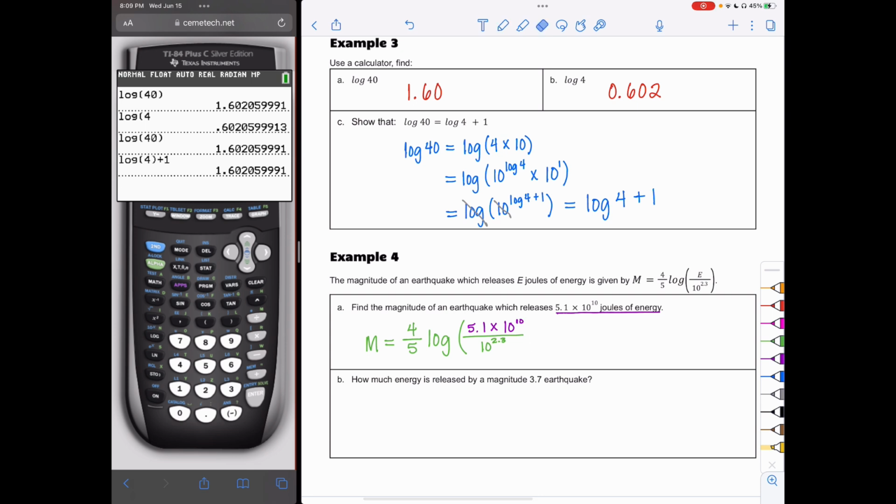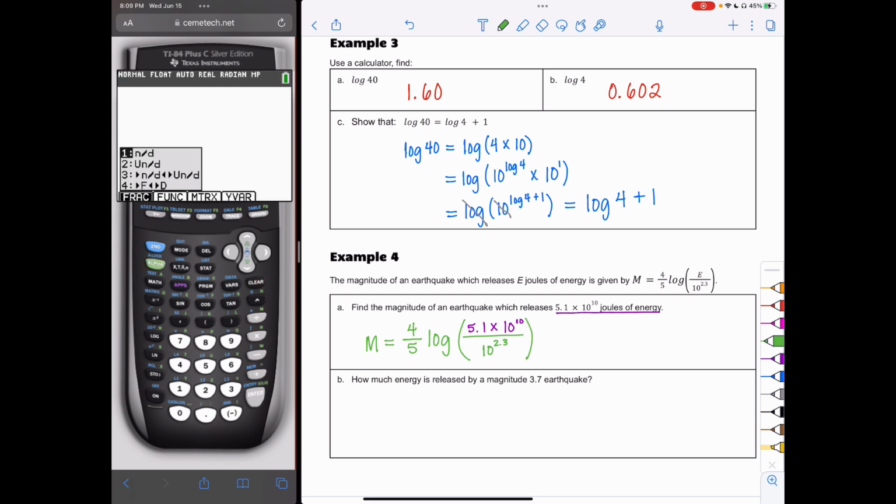So when I write this, I can literally just put it into the calculator. So I will type in my fraction, which is 4/5, and then I will type log and then open up another fraction and I will do 5.1 times 10 to the power of 10.